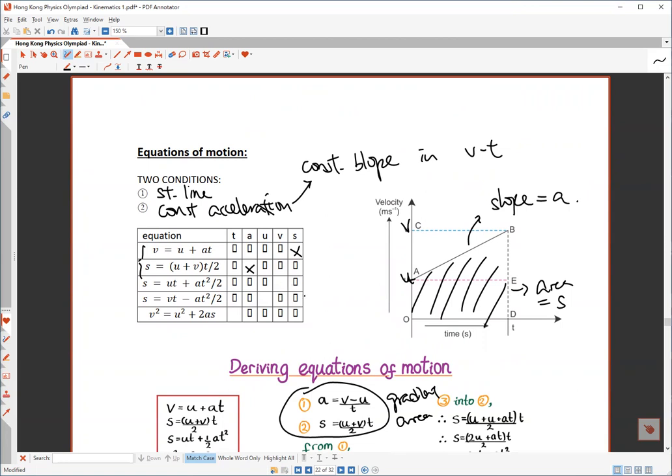In total there are five quantities, so there should be five equations. This last one is not commonly written in your textbook. It may be useful in some of the Olympiad questions, but still you should memorize all of them.